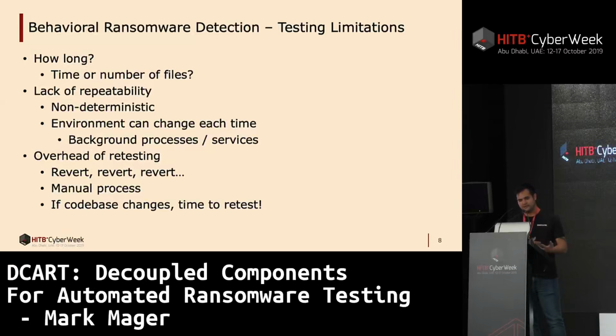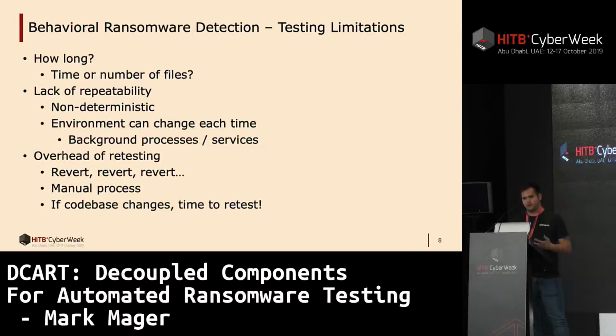The second big thing with this sort of setup is that there is a distinct lack of repeatability. Each test may yield different results than the test before, so it's non-deterministic in nature. The environment changes each time depending on what other processes might be running concurrently on the host. Depending on the level of file system activity, the search indexer or some other sort of services could be running in the background that will introduce a lot of noise into your data set.